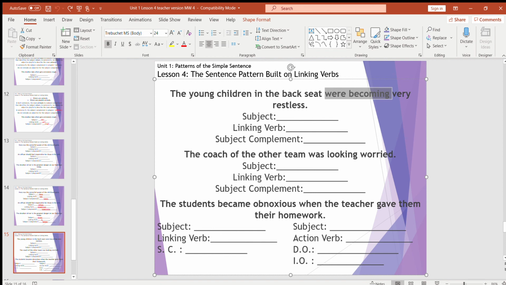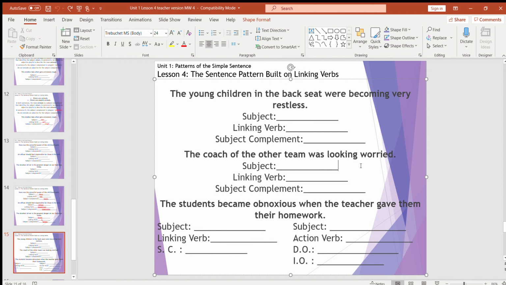Subject: the children were becoming. What were the children becoming? They were becoming, subject complement, restless. Does restless describe the children? Yep. Are the children restless? Yep. One thing being discussed? Yep. So you know you got it right. Children were becoming restless. Sentence.